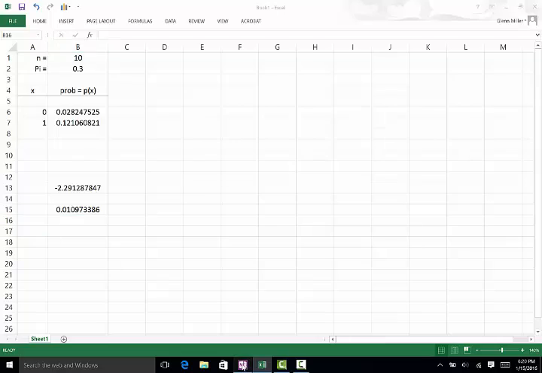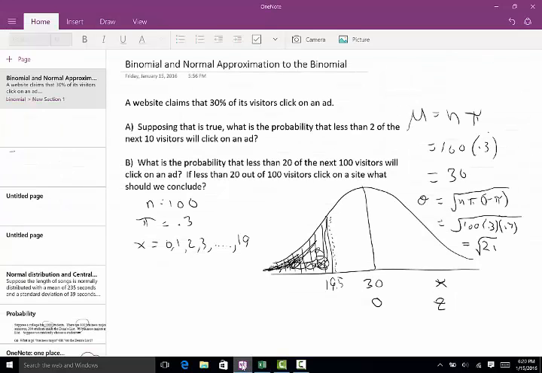Okay. So we need a z, which is x minus the mean over the standard deviation. We decided we'd use 19.5 minus the expected value over the square root of 21, negative 2.29. Put that in our diagram. If you think about it, the diagram is not really all that accurate because that z-score should be pretty far away from 0.